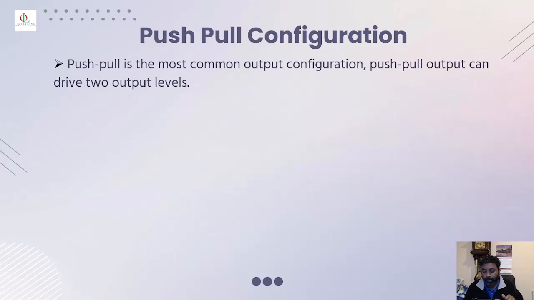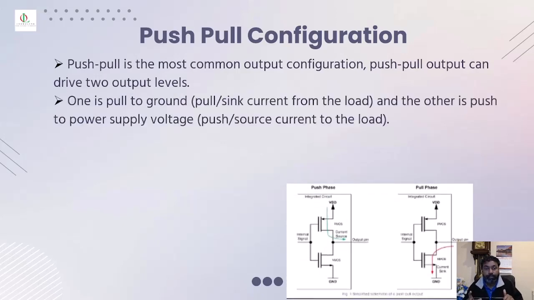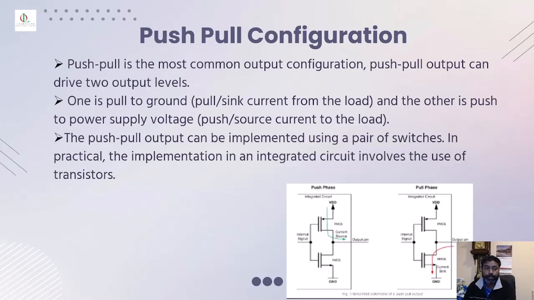One is pull to ground, that is, pull or sink current from the load, and the other is push to power supply voltage, push or source current to the load. So it has two phases in push-pull: a push phase and a pull phase.